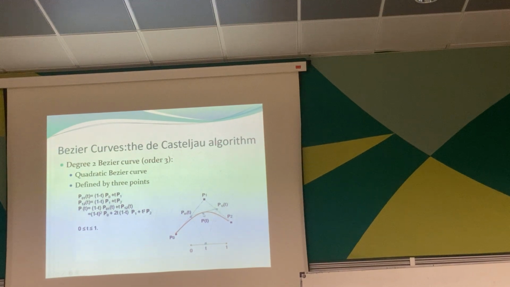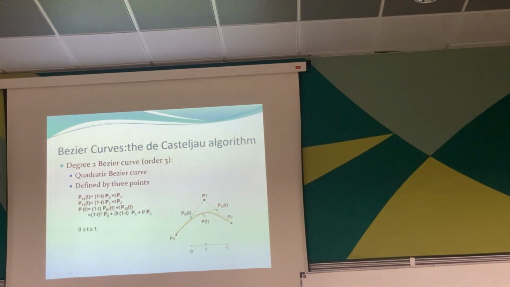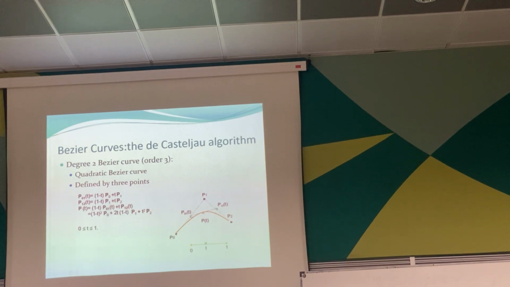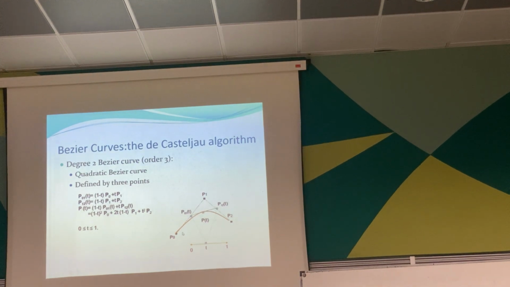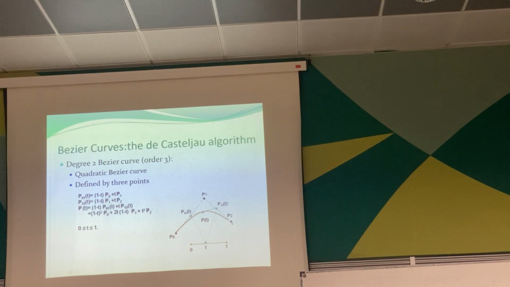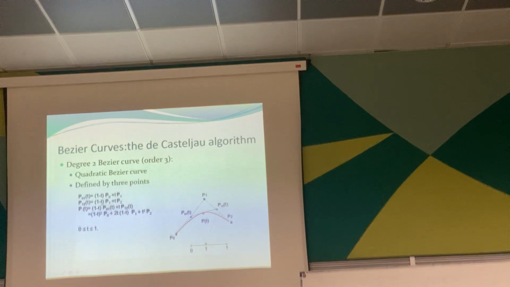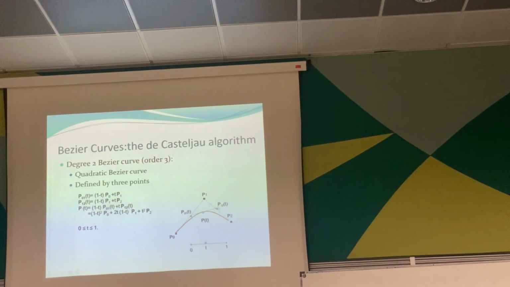You want to get this point at time t on the curve. So first do one interpolation between P0 and P1 to get P01: 1 minus t of P0 plus t of P1, the blue one. Then do one between P1 and P2 to get P12: 1 minus t of P1 plus t of P2.